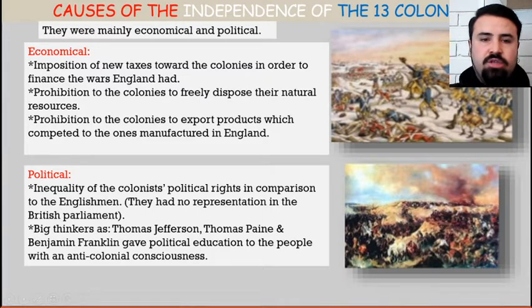Prohibition for the colonies to export products which competed with the ones manufactured in England. Political: inequality of the colonists' political rights in comparison to the Englishmen. They had no representation in the British Parliament. Big thinkers such as Thomas Jefferson, Thomas Paine, and Benjamin Franklin gave political education to the people with an anti-colonial consciousness.